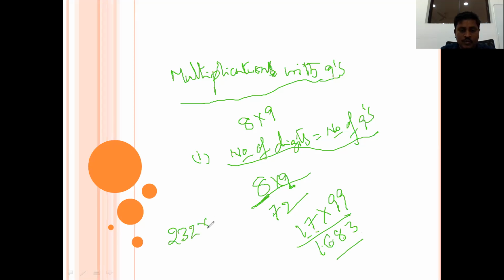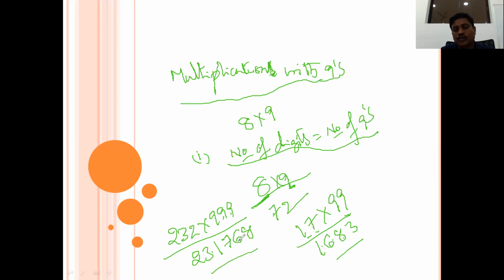232 into 999. Here 3 digits are there, and on the right side also 3 digits. So the count is the same. First subtract 1 from this number. 232 minus 1 is 231. Then 9 minus 2 is 7. 9 minus 3 is 6. 9 minus 1 is 8.